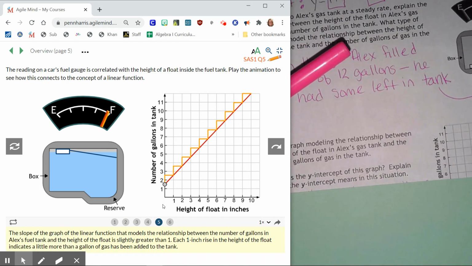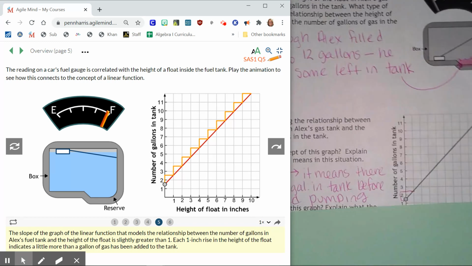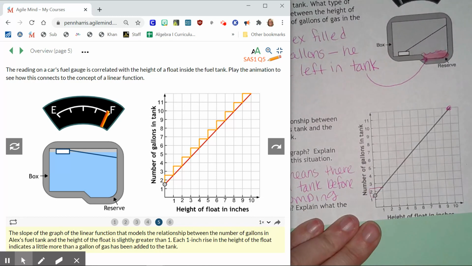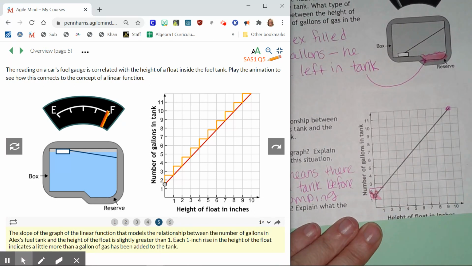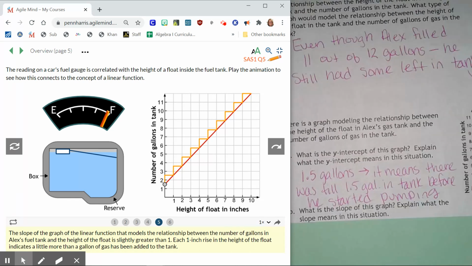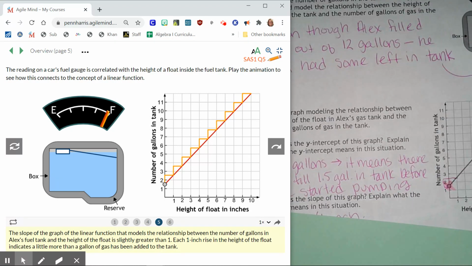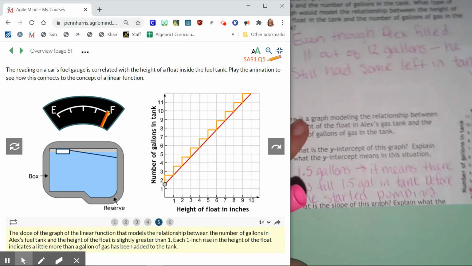And if we look over here on our graph, this is where it crosses. It looks to be about 1.5. So I'm going to say that the y-intercept is 1.5 gallons. Well, what does that mean? 1.5 gallons is the amount of gallons in the tank. It means that there was still 1.5 gallons in the tank before he started pumping gas.